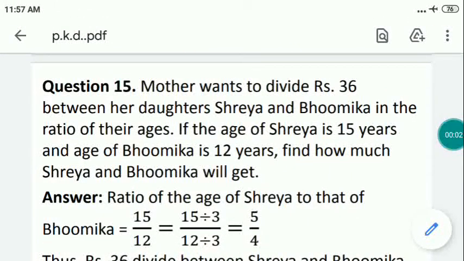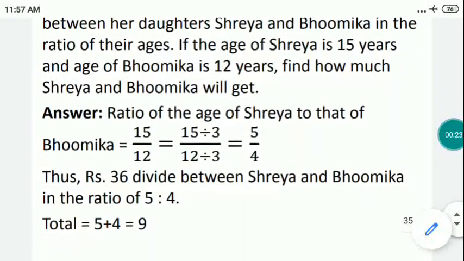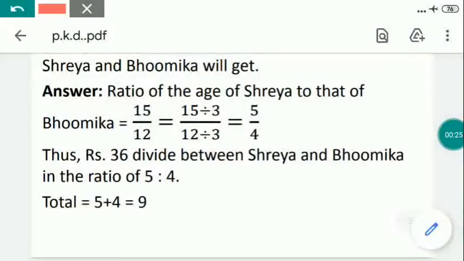Now question 15. Mother wants to divide rupees 36 between her daughters Shreya and Bhumika in the ratio of their ages. If the age of Shreya is 15 years and age of Bhumika is 12 years, find how much Shreya and Bhumika will get. Now here, the ratio of age of Shreya to that of Bhumika: age of Shreya is 15 and age of Bhumika is 12.